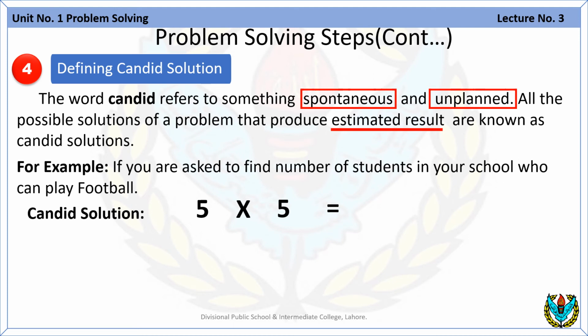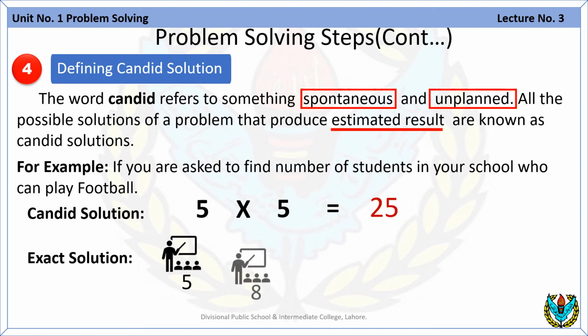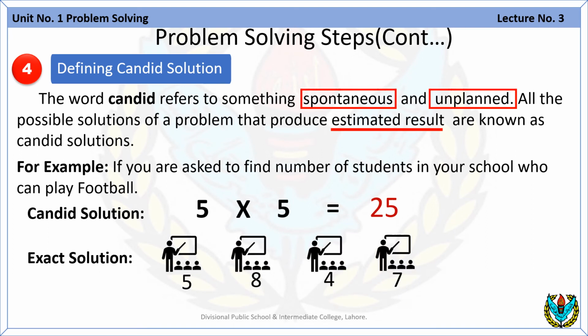It is an estimated value. Now we find the exact number of football players in our school by visiting all classes to collect the exact number of football players in each class. Then add all the numbers to find the exact number of players in the school, that is 30.